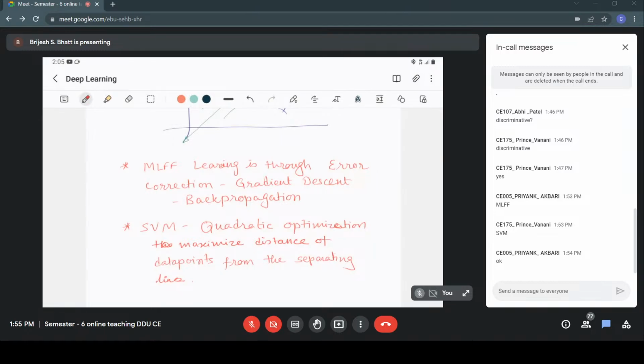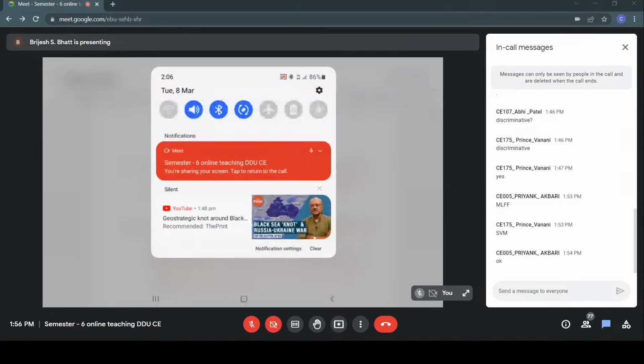But then the perceptron hit its limit very soon with this problem of linear separability, and people realized that we need more than one neuron to find the separating hyperplane. Not just more than one neuron, but also more than one layer of neurons. And this is where the idea of the multi-layered feed-forward network came in.